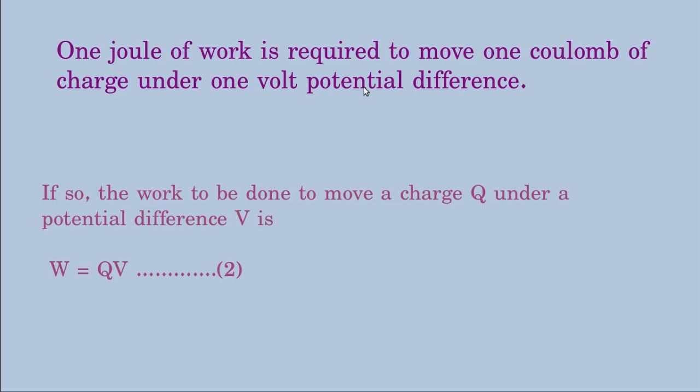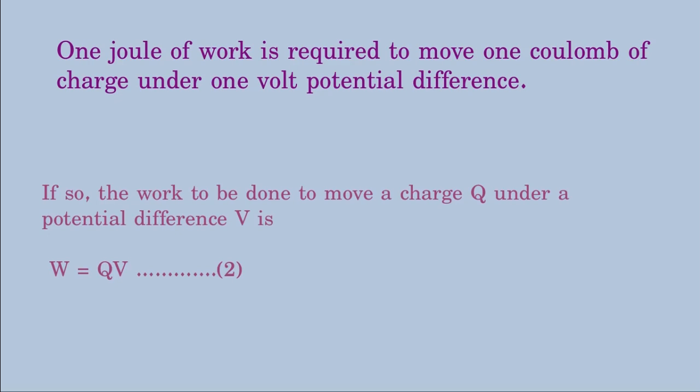നമുക്ക് ഇതിനെ ഒന്ന് ഡിഫൈൻ ചെയ്ത് നോക്കിയാലോ. Let's define the work done to bring a charge from one end to the other end. 1 joule of work is the amount of work done to bring 1 coulomb of charge only when a potential difference of 1 volt exists.